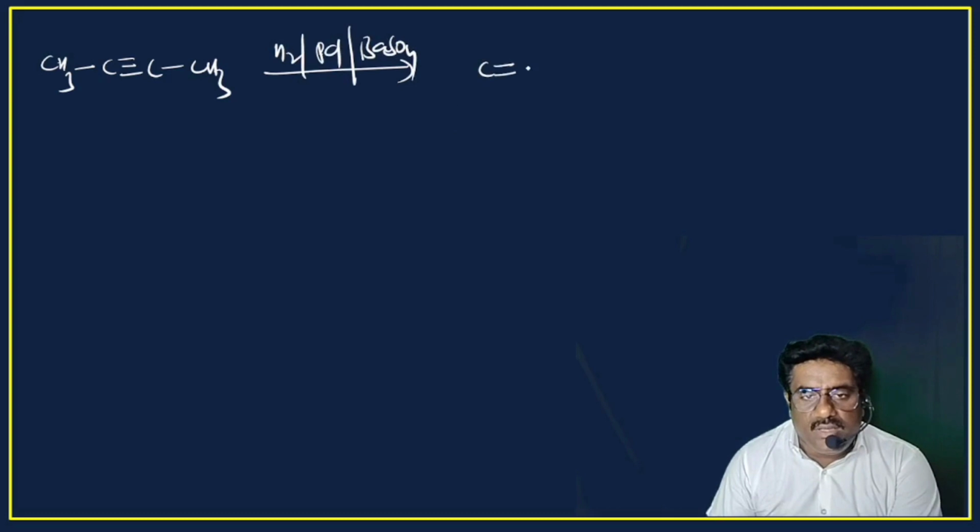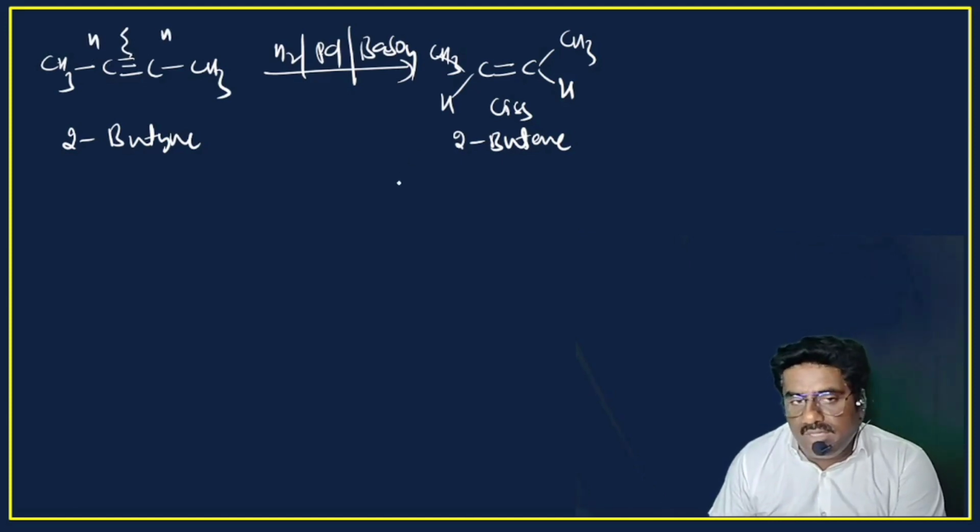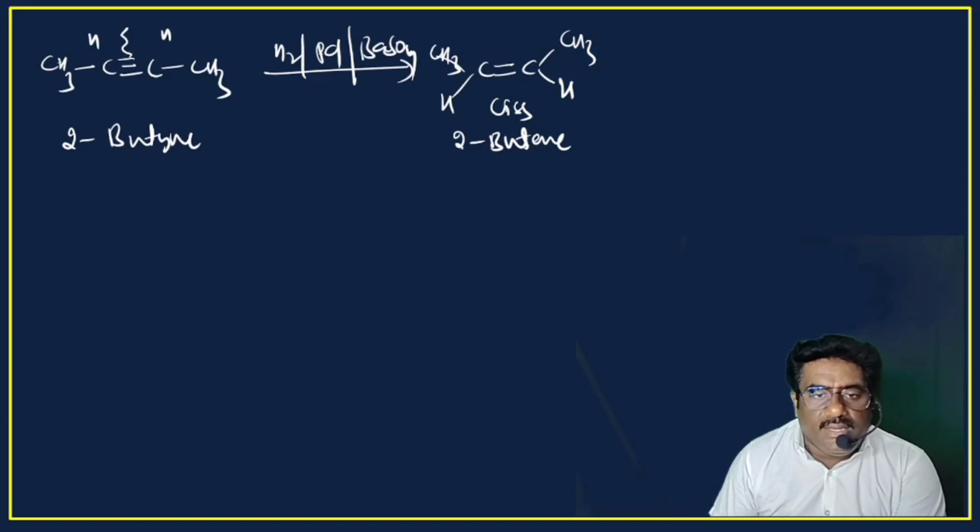It gives an alkene, carbon double bonded with carbon, CH3, H and H. It is cis-2-butene. Here the pi bond breaks, keeping hydrogens on the same side. That is Lindlar's catalyst. The reaction is partial reduction of alkynes. Have a look at the next example.